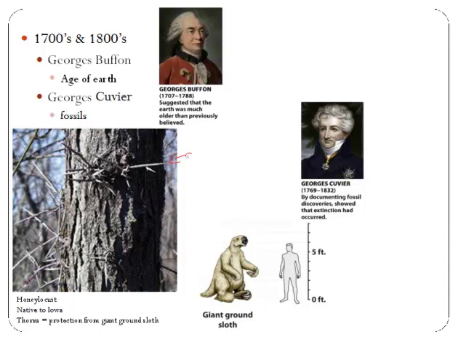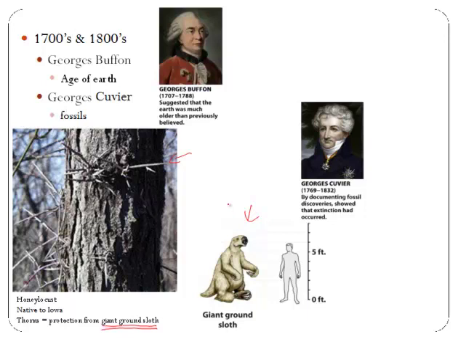Probably not a tree you want to hug, because it would be quite painful. The tree is native to Iowa, and these thorns are there to protect it from the giant ground sloth. Iowa used to have giant ground sloths roaming around trying to eat the honey locust trees. As a response, the tree developed these barb-like thorns to prevent it from being eaten by the sloth.